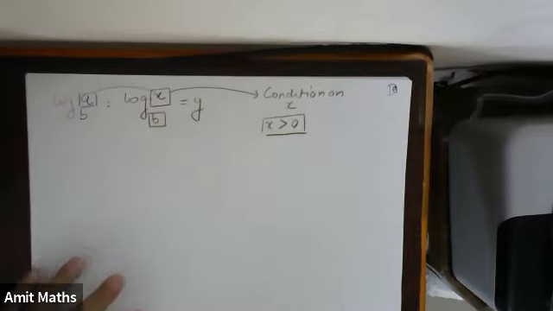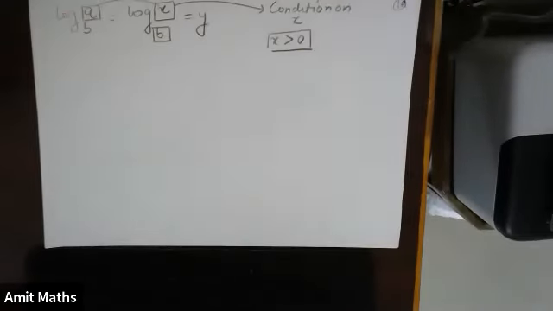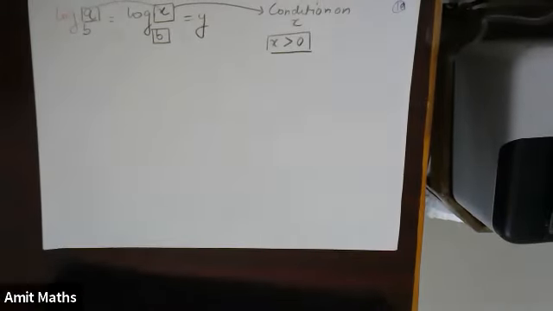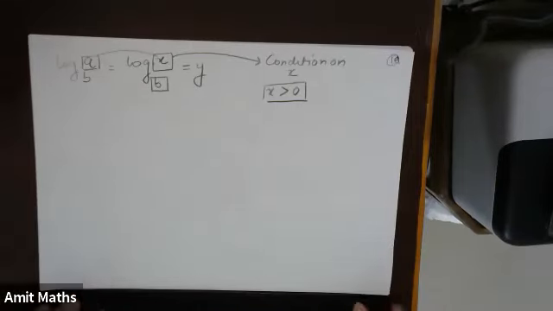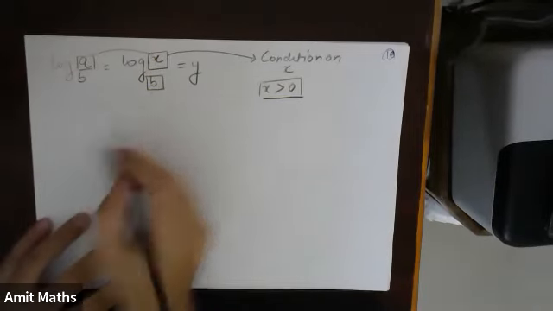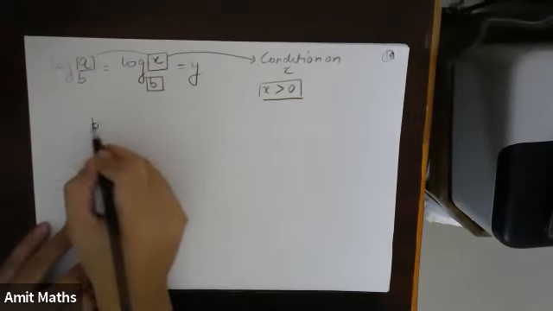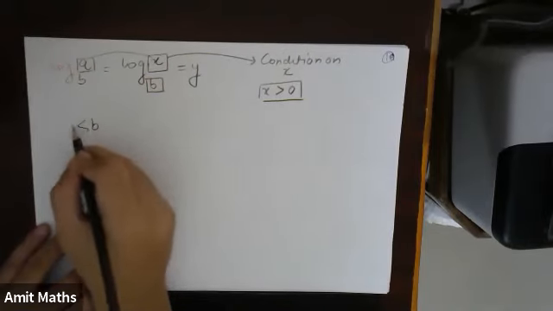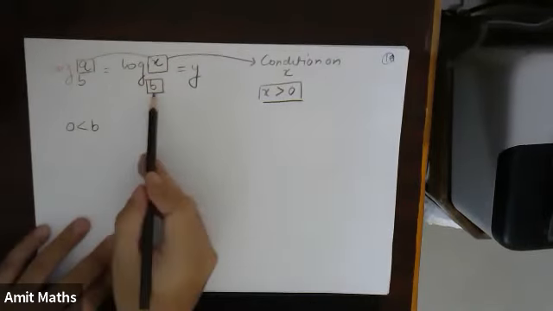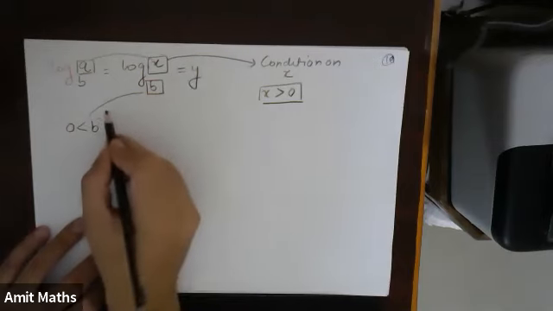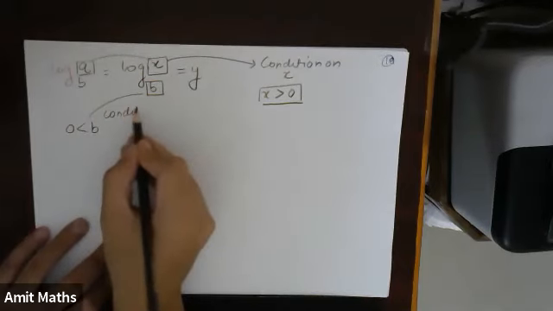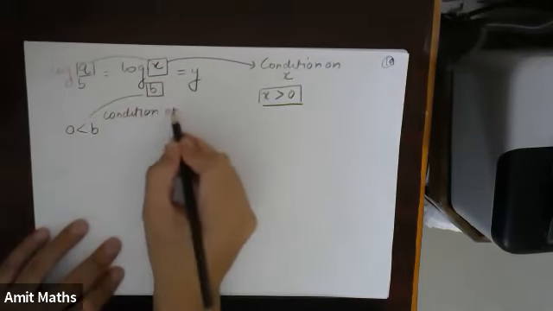The condition on base b will be that this b has to be greater than 0. So this is the condition on b.